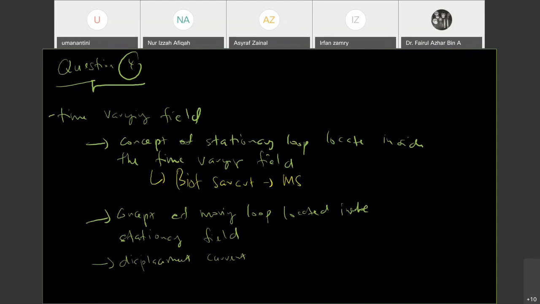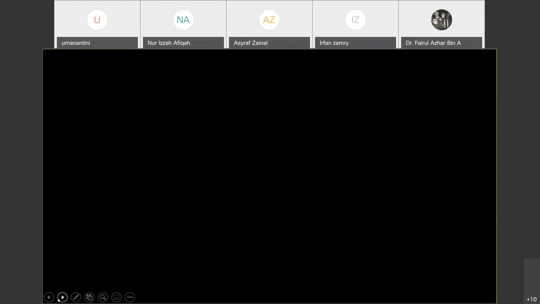If we are targeting a certain value of displacement current, for example to limit that displacement current, what is the capacitor configuration that we need to apply? Those things, the concept of Gauss law.